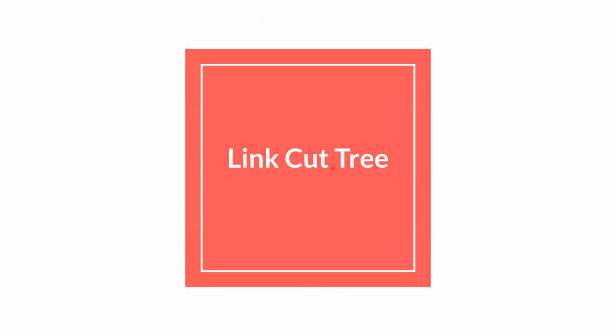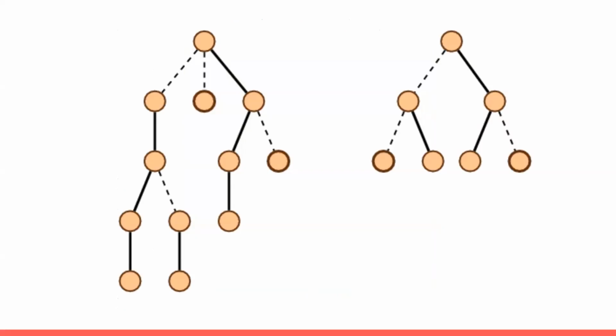So we are going to learn the link-cut tree. I think the most similar data structure to the link-cut tree is heavy-light decomposition, but it's still a little bit different. In heavy-light decomposition, in preprocessing, we find which edges will be heavy and light.